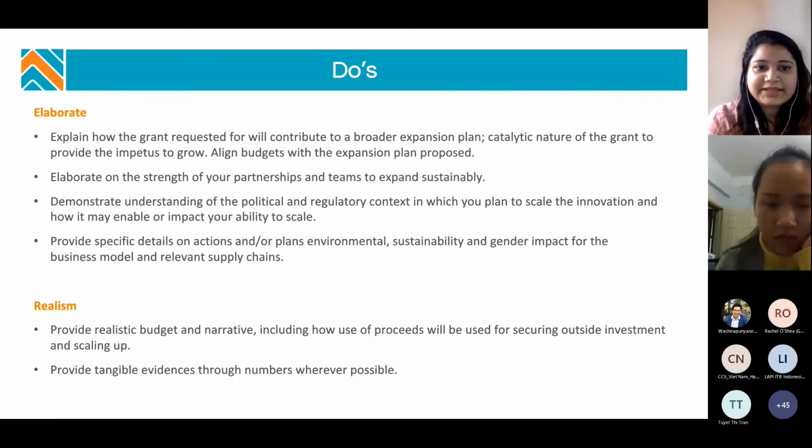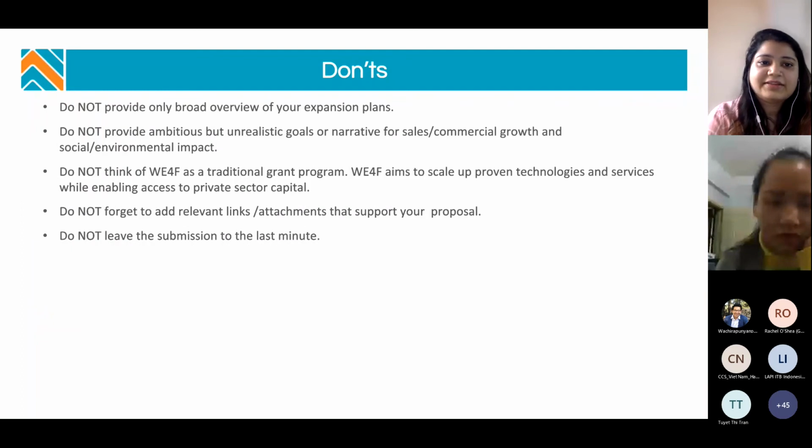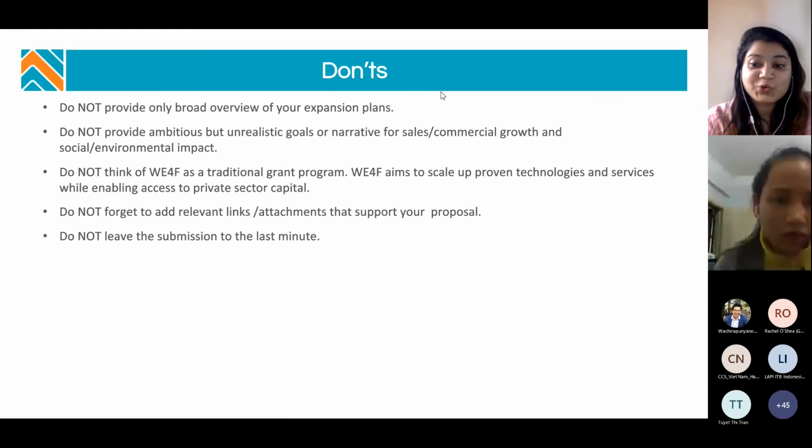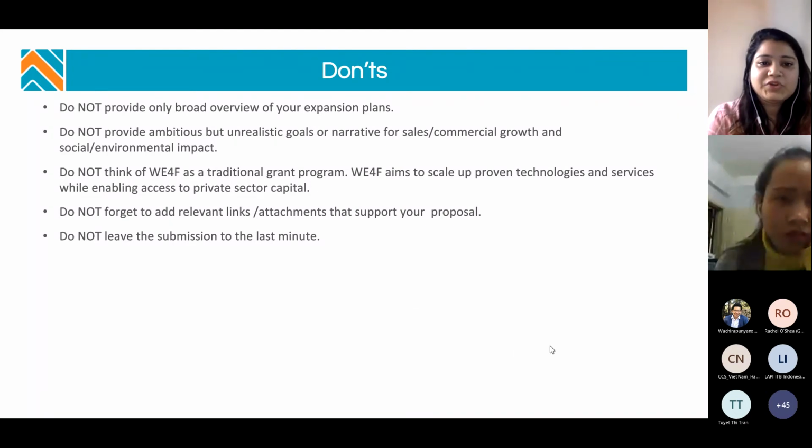Moving on. Next, the don'ts would be: don't provide a broad overview. Don't tell us these are the 3 options that you could try. Tell us what is the option you're going with and how you intend to implement it, even if a part of that is still at a planning stage. Do not provide unrealistic goals, because this is your business, this is your model, these are your innovations, and you're committing to this.